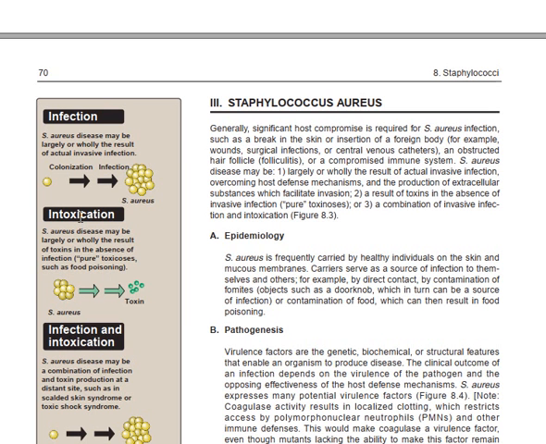You start by contamination of a certain part, then colonization, then infection. Colonization is the growth and division of the microorganism without producing any signs and symptoms, while infection is when the signs and symptoms are being produced. So that's the first case of how Staphylococcus aureus can cause infection.